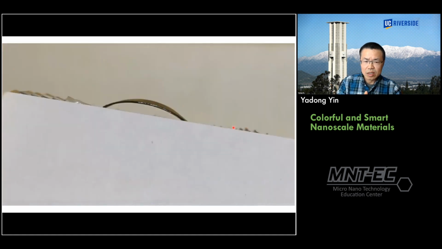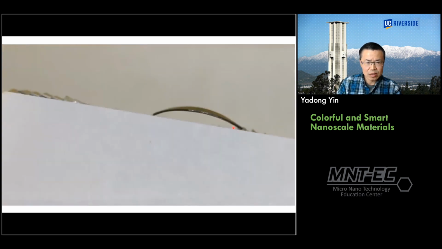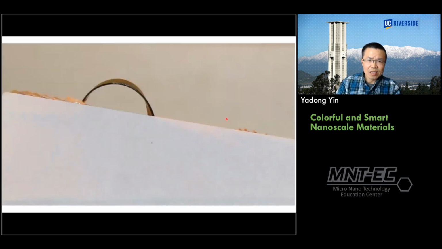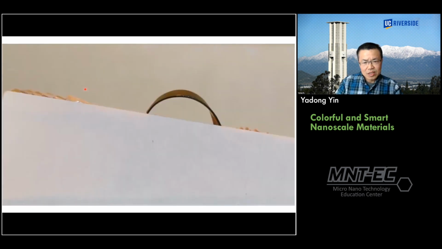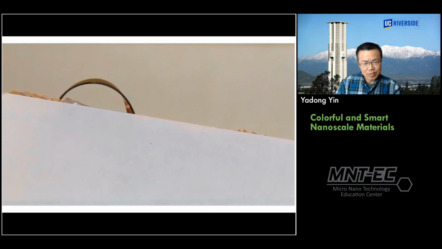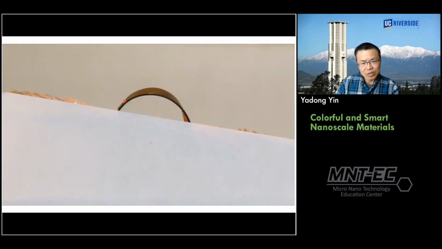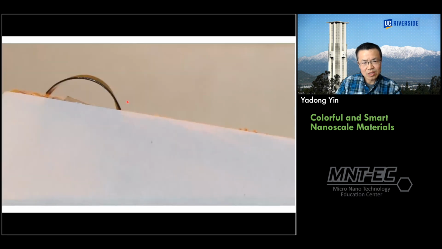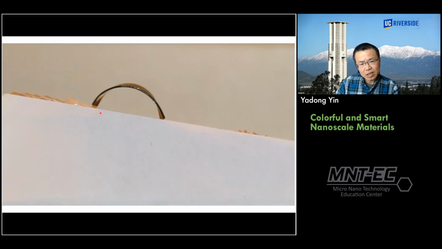So when you illuminate the material with light, one side gets heated, and so it expands. So that's why it curves. We use that behavior, and then we use light on and off to control the contraction and expansion of the thin film, so it can climb up the hill.